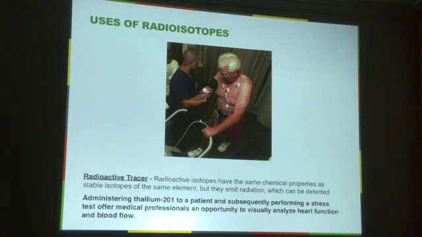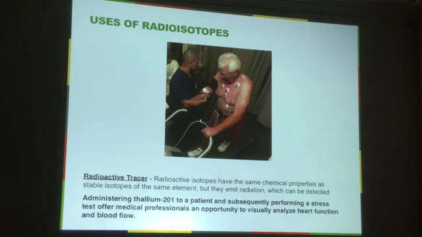And it is taken up by metabolically active muscle. And so what is done with this test is the patient is given an injection of thallium, and they're asked to walk on a treadmill. Now, if they are normal, then their entire cardiac silhouette will be taken up by the thallium in equal amounts, and it will look like a picture of the heart.